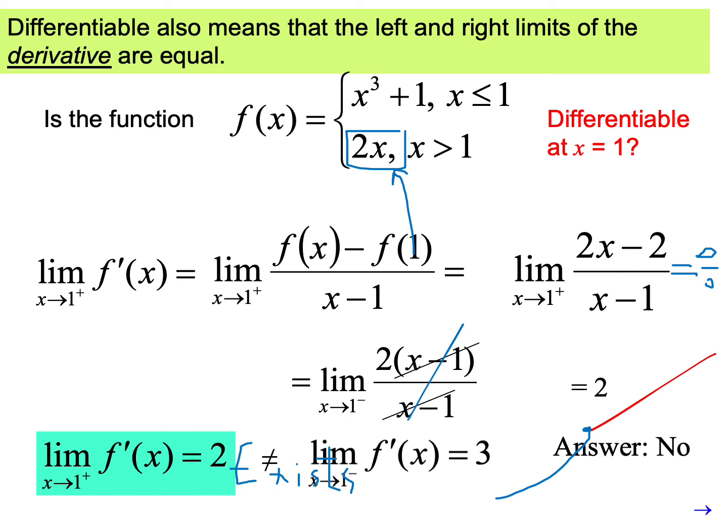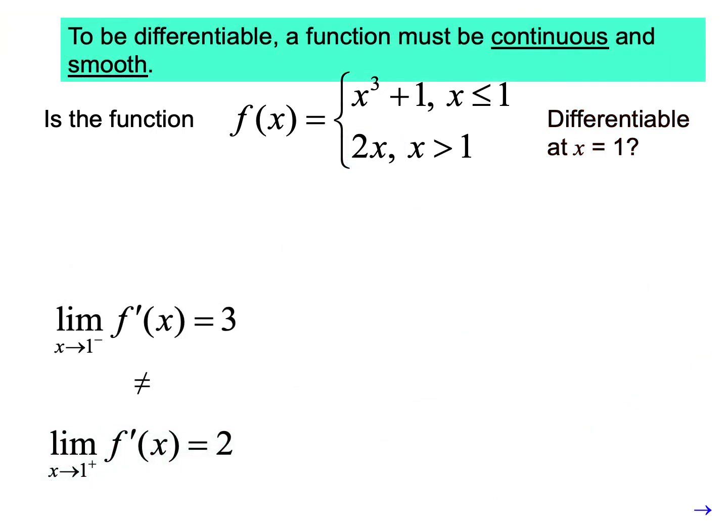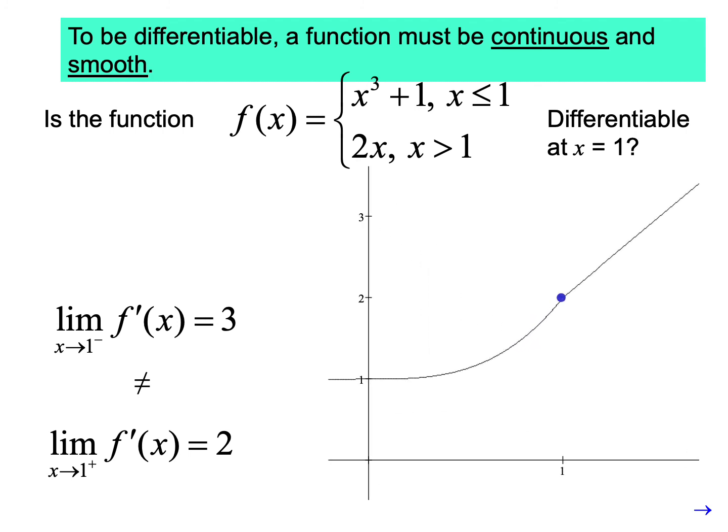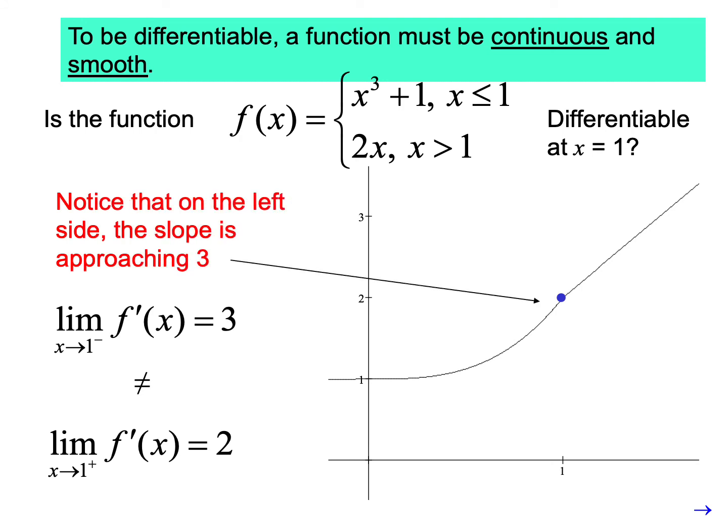As you can see here, the function has a derivative from the left and from the right, but unfortunately the two derivatives are not equal. So as you can see in this graph, there is a tangent and a slope from the left, and another slope from the right, but these two slopes are not equal. One is 2, one is 3.